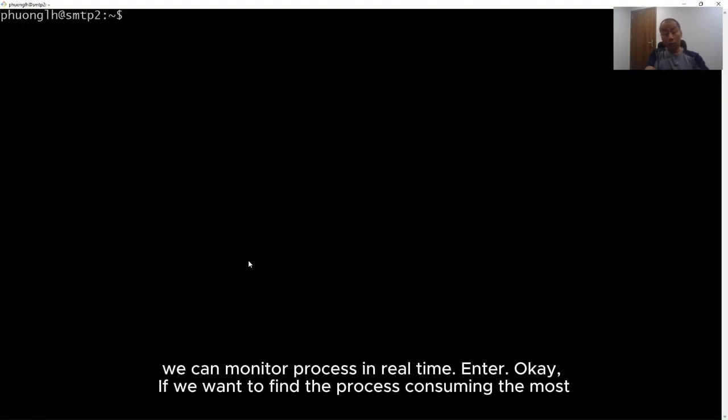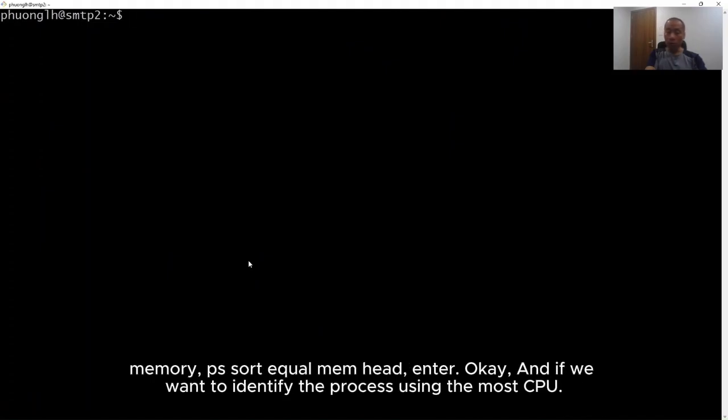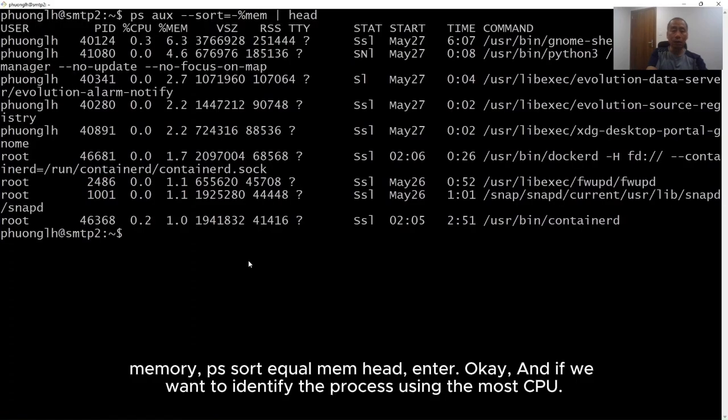If you want to find the process consuming the most memory, we sort by memory, enter.